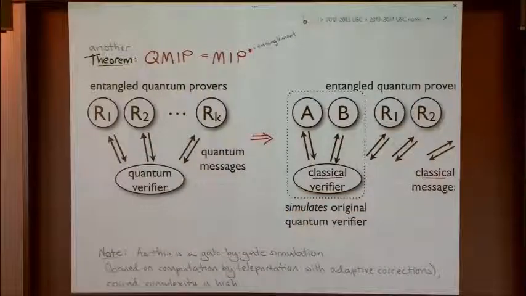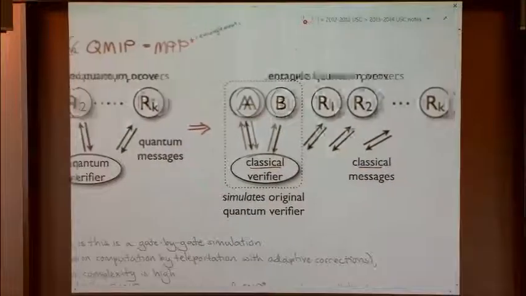All right, so a second theorem that comes out of this is that mathematically QMIP equals MIP star. So let me just say what this means. It means that if you start with a quantum multi-prover interactive proof, so you have a set of quantum provers who are entangled and they're the bad guys, and you have this quantum verifier and quantum messages, and they exchange messages to decide some language. So that's QMIP.